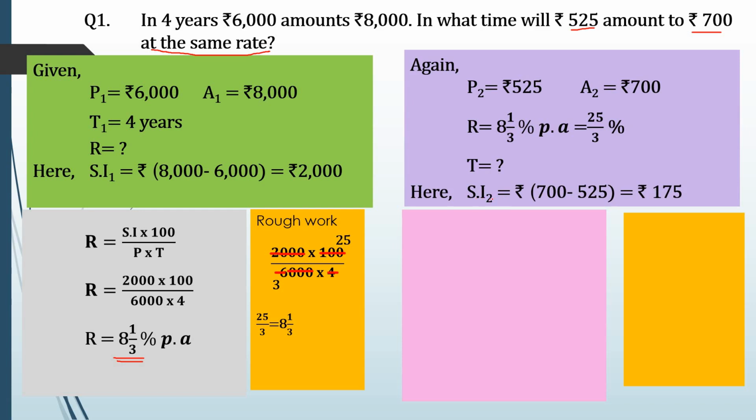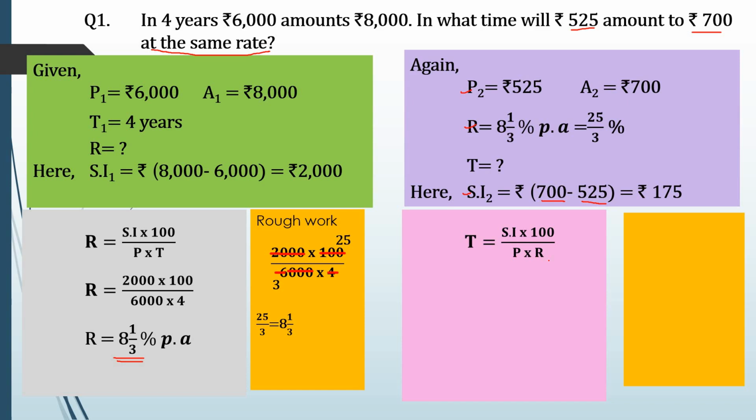So simple interest 2, that is according to second condition, is amount 700 minus principal, which is equal to rupees 175. So we have principal, we have rate, we have simple interest. Can we find time? Yes, by the formula T equals SI into 100 divided by P into R.